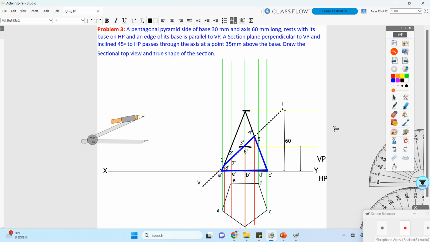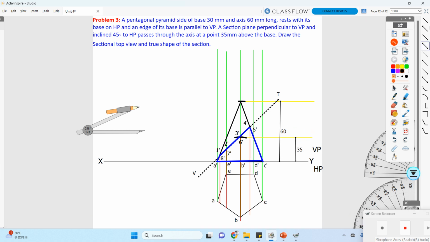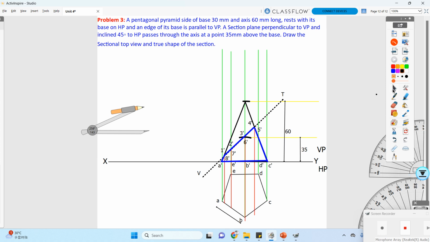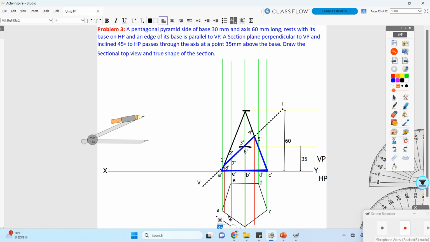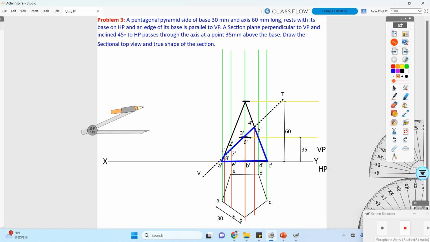Then another one is having 35 mm of dimension over here. Okay, then followed by the side of your base from this point to this point, the dimension is how much? 30. The base is having 30. So this is your marking.